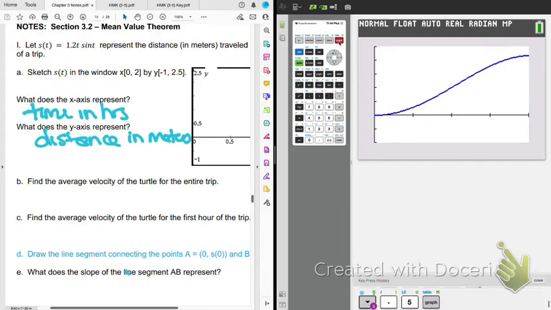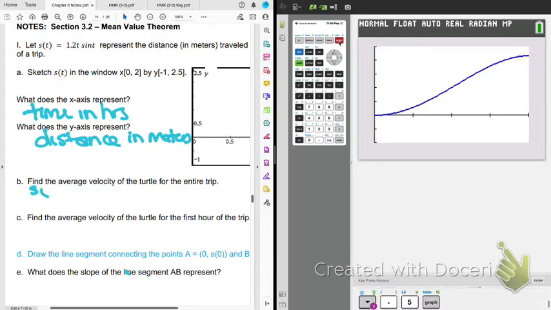If we would like to find the average velocity of the turtle for the entire trip, what's the average velocity in terms of what we've been doing? Average rate of change. How do I do average rate of change? Okay, well, in this case, we're using S of t. So how would we show my setup for this?